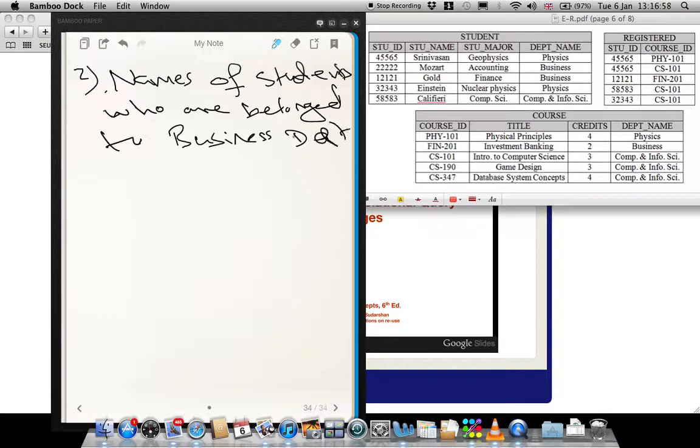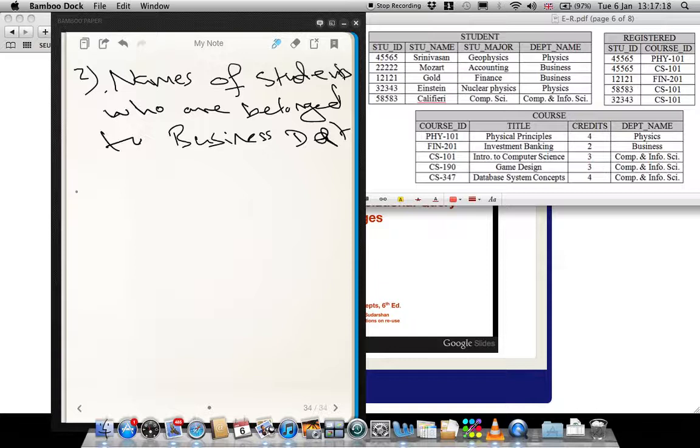Again, we're looking at the student names, and all this work will be inside the student table, so we do not need to refer to other tables.